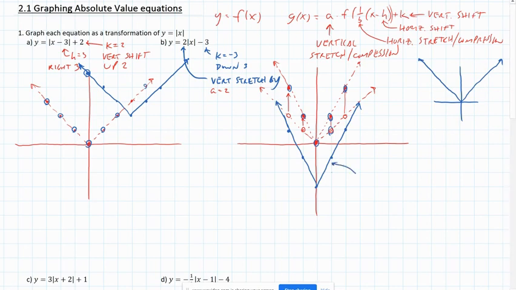The slope is 2. And here the slope is now negative 2. So since this is sort of a linear graph, the multiplier, when a equals 2, is going to cause our slopes to now become 2 and negative 2.